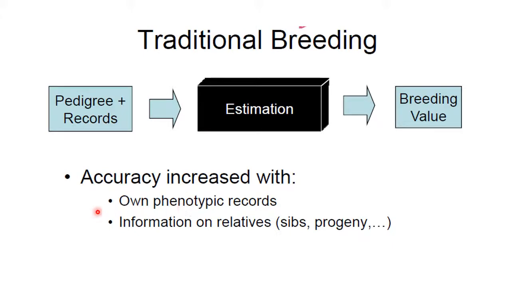It's impossible for a bull to have phenotypic records, and we increase the information of recordings on relatives, sibs, half sibs, full sibs, and the progeny of those animals, and that's the only way that one could increase the accuracy of the breeding value prediction for these animals.